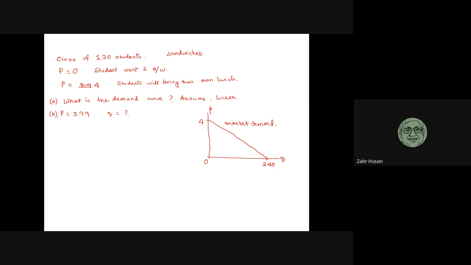Okay, tell me what is the demand curve? Just a moment, sir. P by 4 plus Q by 240 equal to 1, intersection. Was it 3.99 or 399? 3.99. Okay, just a moment sir, I'm calculating.